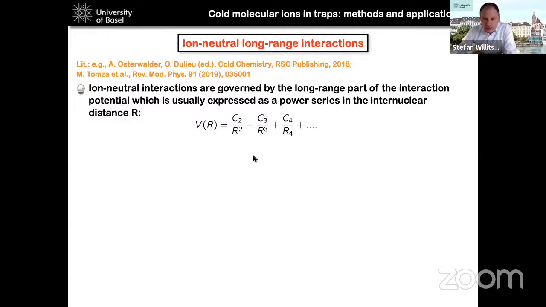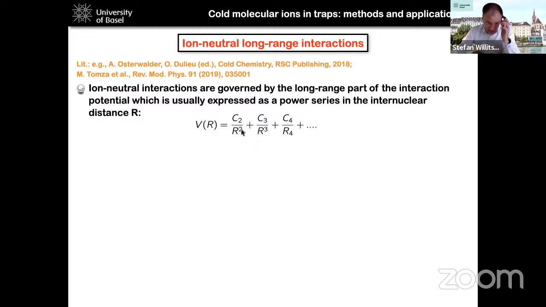This long-range part can usually be expressed as a power series in the internuclear distance. This is a multipole expansion of all these long-range interactions as a function of the internuclear distance.